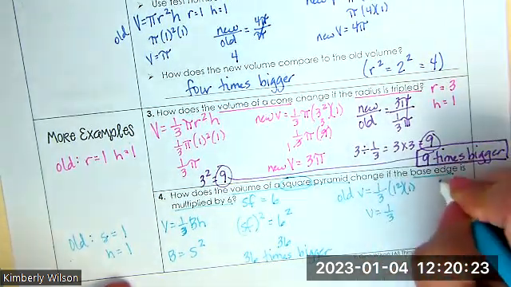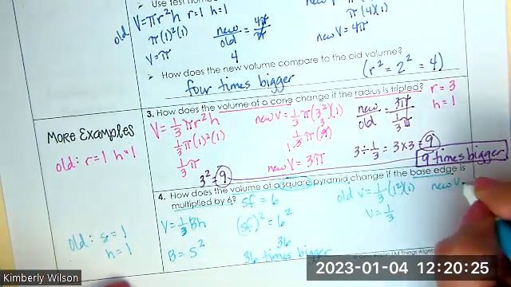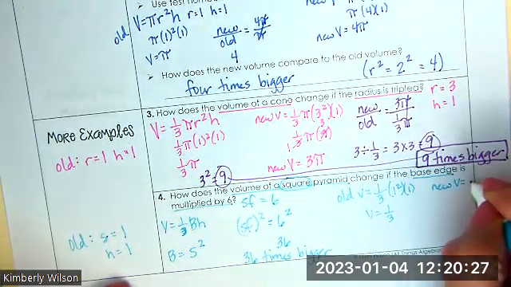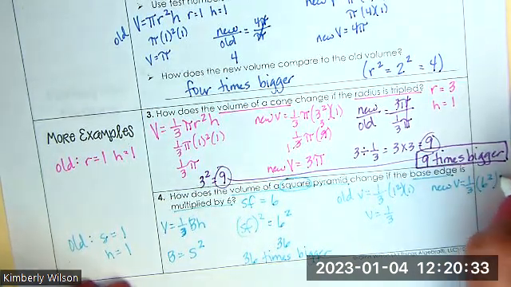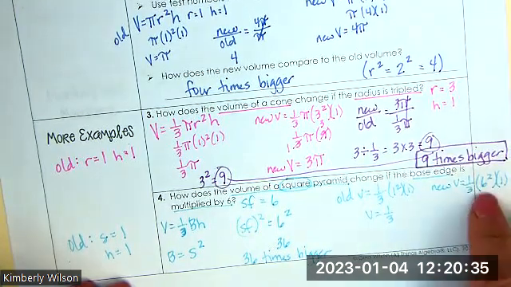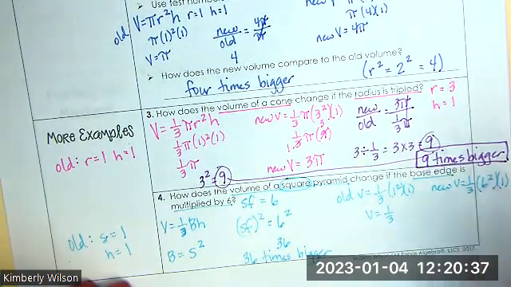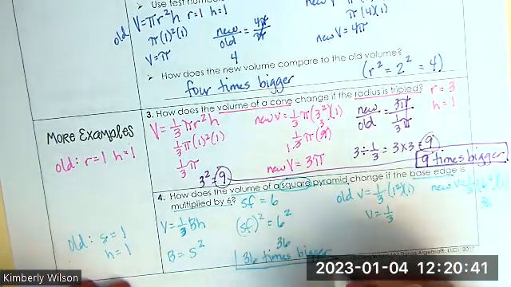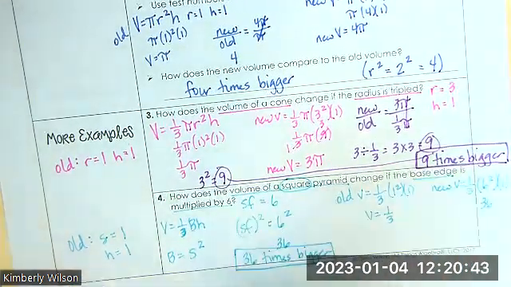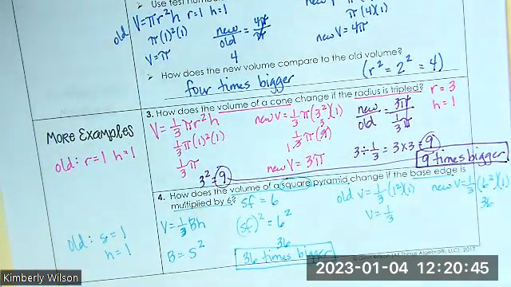The new volume is going to be 1/3 times 6 squared times 1. The only thing that's changing is this 6 squared, which is 36. So therefore, that further confirms that this is just 36 times bigger.